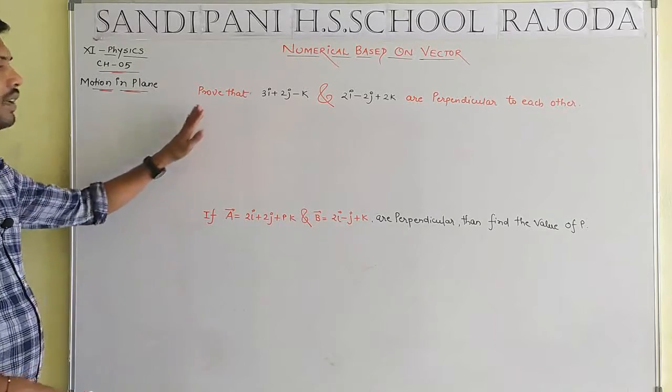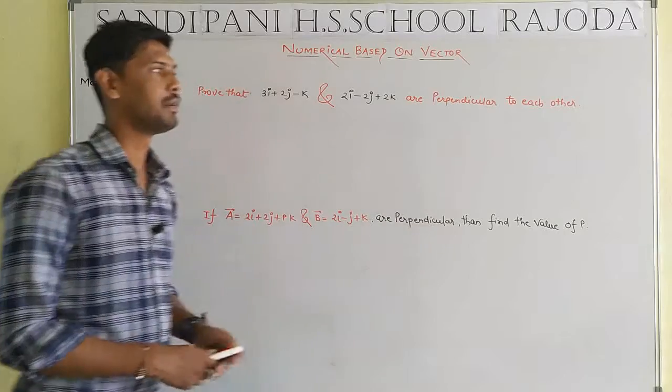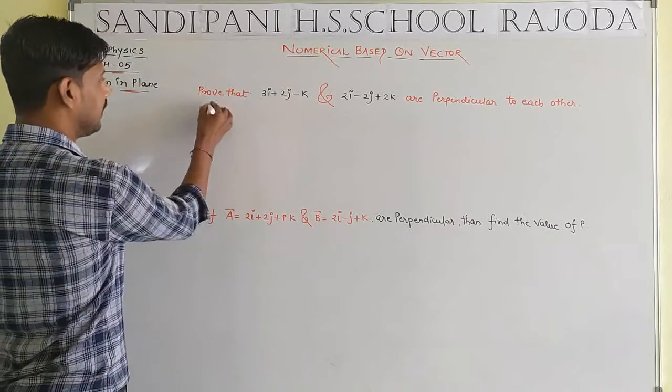So now we take another numerical. Numerical number three. Prove that these two vectors are perpendicular to each other.